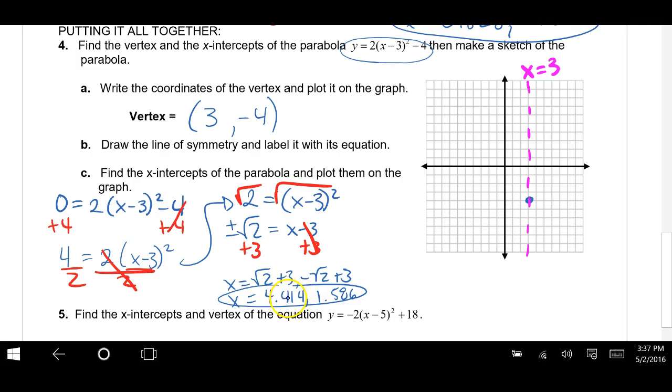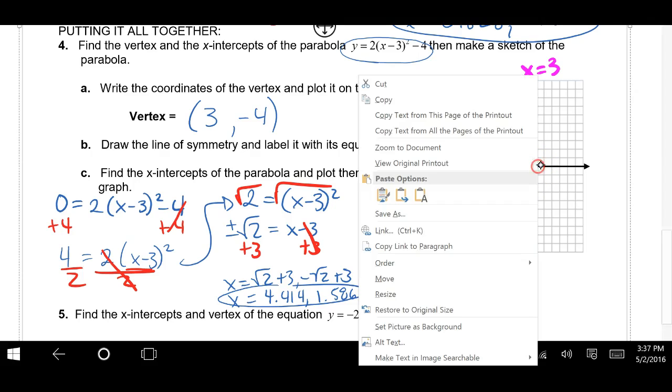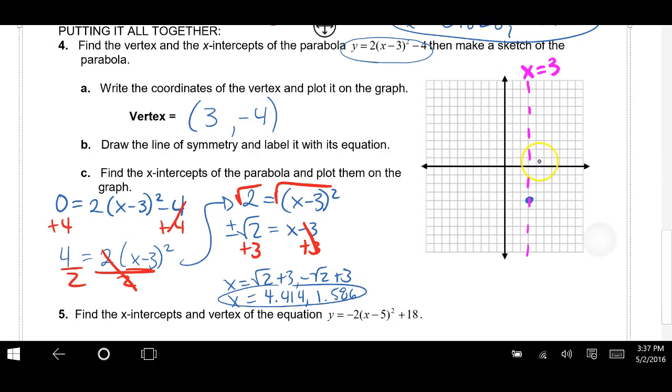Okay, so let's graph those points. Remember, these are the x-intercepts that we just found, so graph them on the x-axis. So first the 4.14. That's a little bit more than 4, so it'll be right in front of the 4. Like right there. Okay, and then the 1.586, well, it's about halfway between 1 and 2, so it'll be right there in the middle.